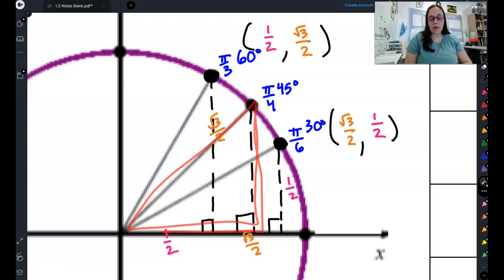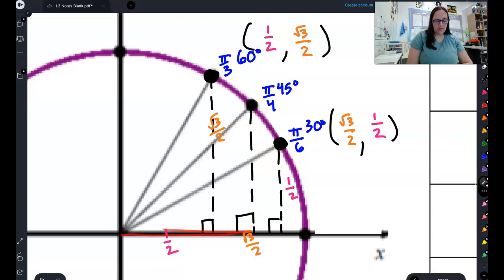Now we know that because this is an isosceles, the two legs have to be the same length. So this one is the same as this one. And we know the hypotenuse is 1. That means that both side lengths are going to be 1/√2. Here, I just realized I switched these.